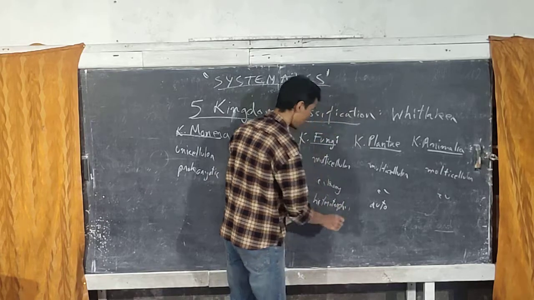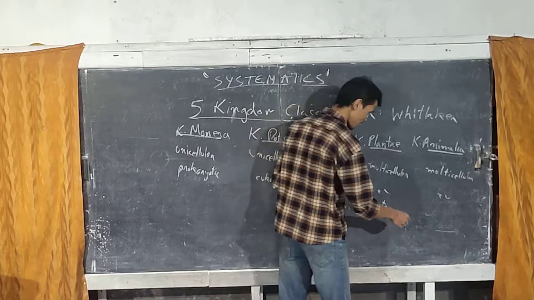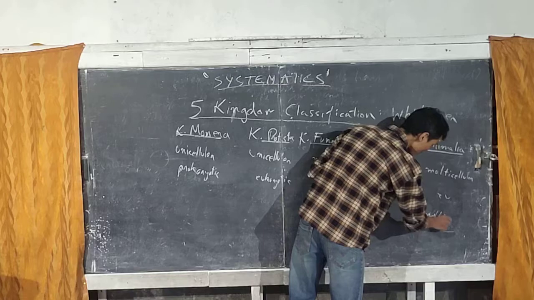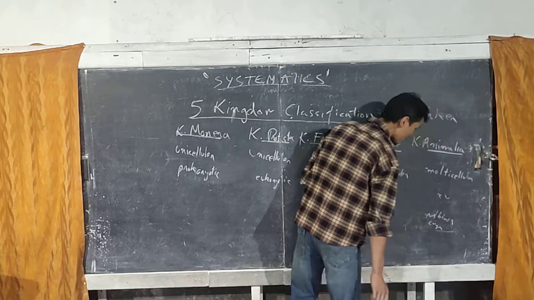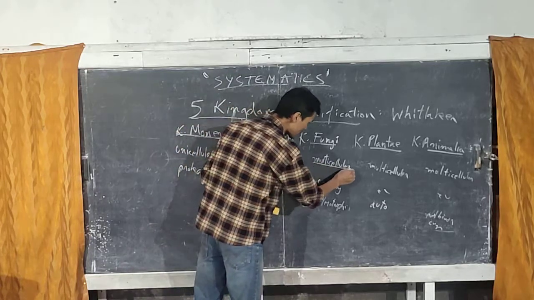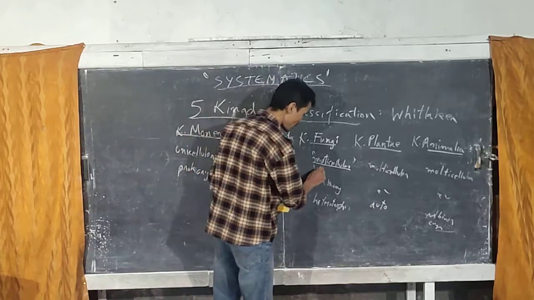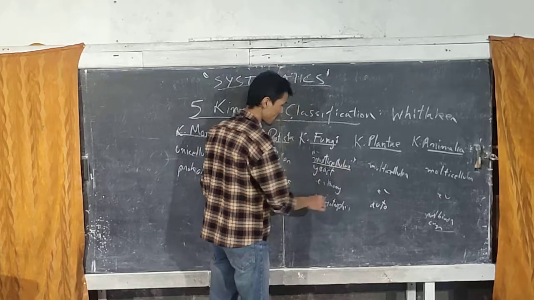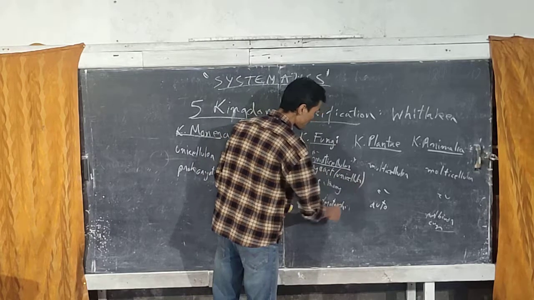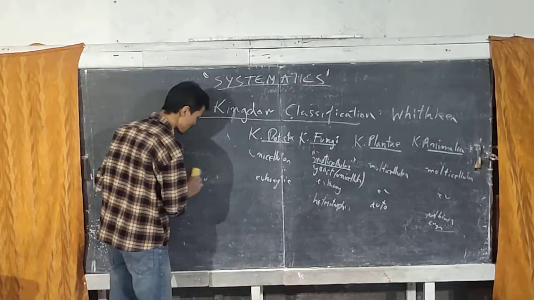Generally, the mode of nutrition in fungi is they are parasites, whereas in animals they are either herbivores or carnivores or omnivores. Now when we are talking about multicellular in fungi, there is also an exception. If we talk about yeast, it is not a multicellular organism, it is a unicellular organism. So basically these are the different characters of the 5 kingdoms.